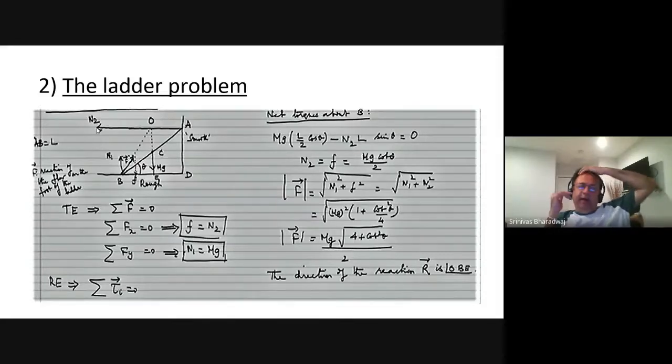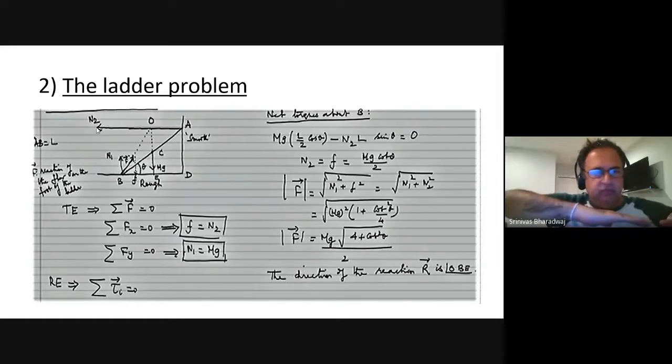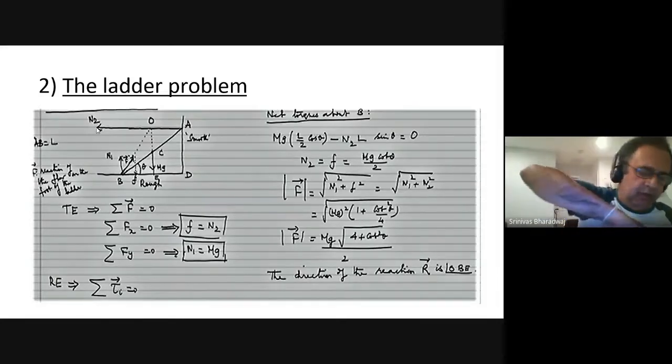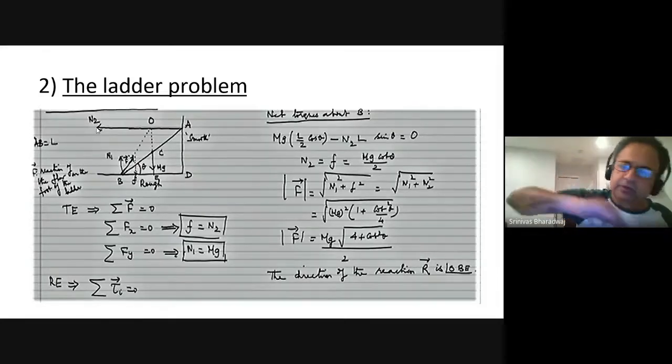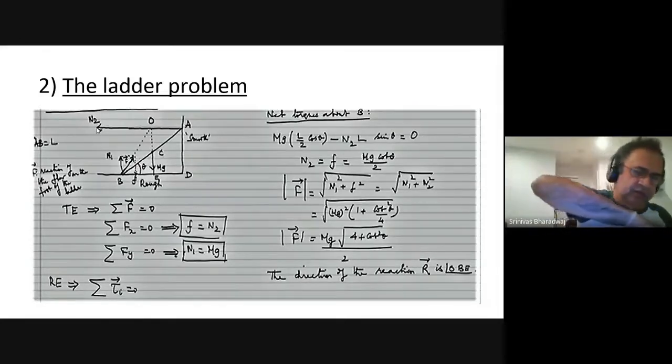But if there is friction, what does the friction do? As you know, static friction up to a point will be able to counteract whatever force is being applied on it. So if it is about to slip this way, because the normal force is that way, it's going to slip this way.